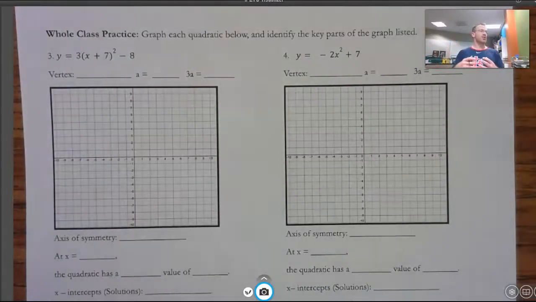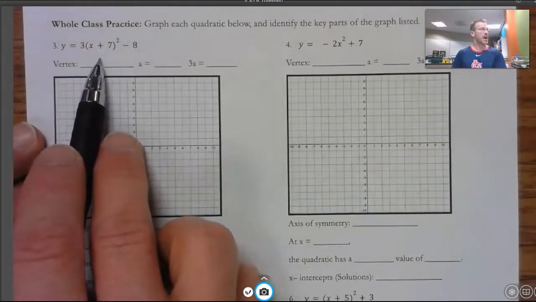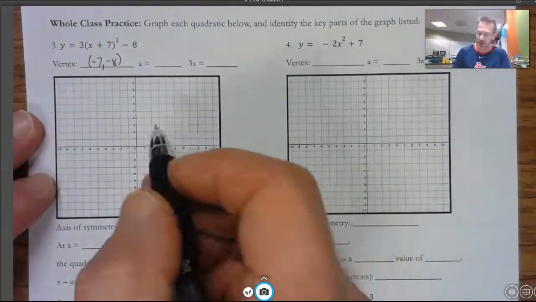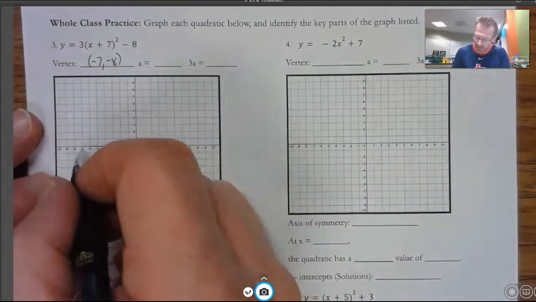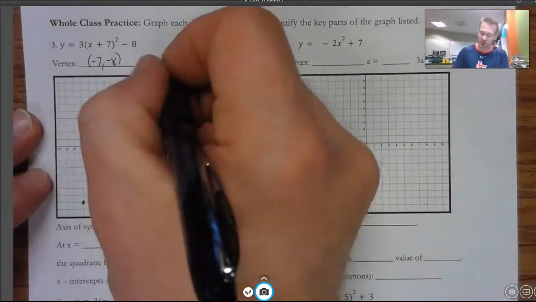The first thing we're going to do is start with our graph. This is basically the opener, things that we've been doing all year. When I look here, my vertex for number 3 would be (-7, -8). So I'm going to graph that, -7 and then -8 would be right here. And then my A value is 3.